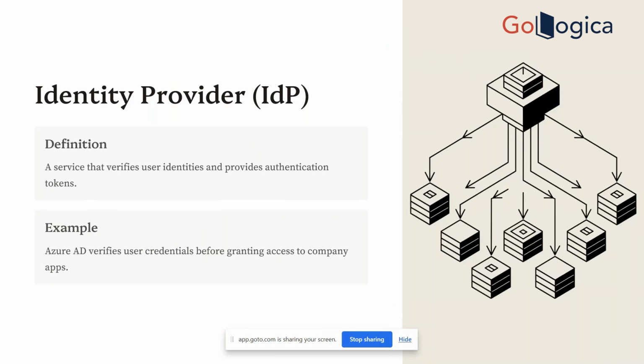Like your Azure AD verifies user credentials before granting access to the company app. If one of the users is onboarding in my organization, somewhere I need to put all of the users in some place.